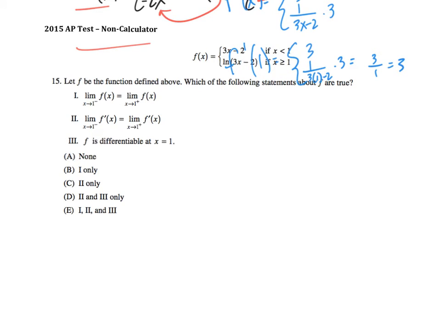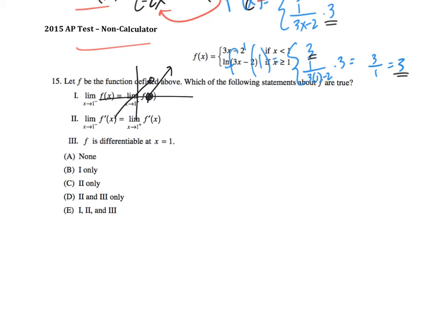So the slopes are equal to each other from either side, which might make you think, oh, okay, then it's got to be differentiable if my slopes were the same. But here's the deal. Didn't we say, option 1, that as I approach 1, the function was discontinuous? As I approach 1 from the left, we got 1. As I approached 1 from the right, we got 0.